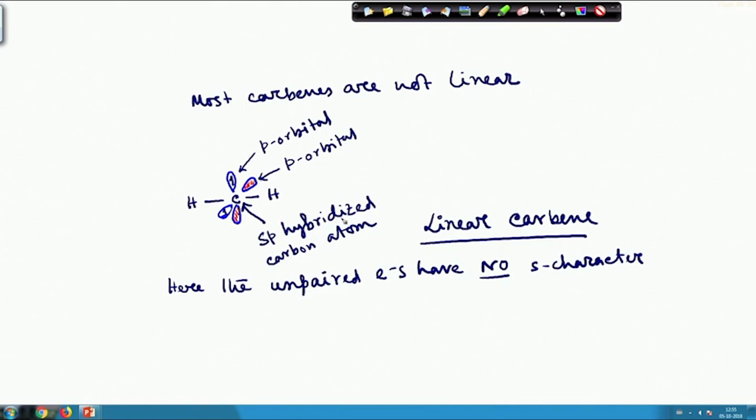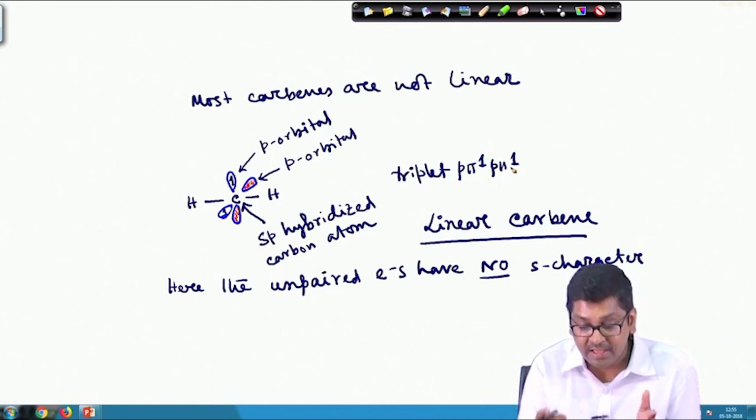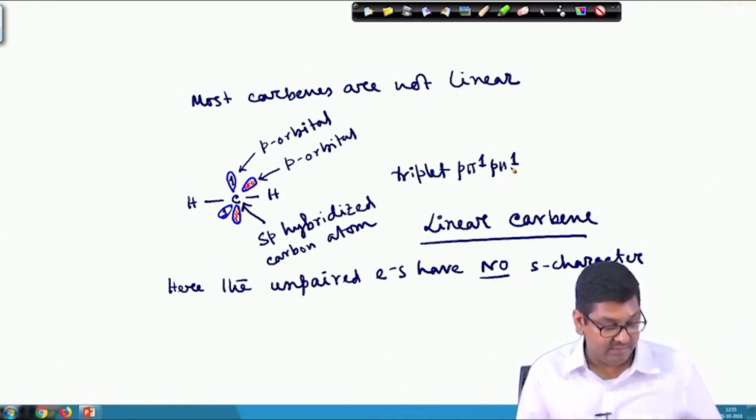This is also triplet and you can write it like this, p pi 1 p pi 1. So, the electronic configurations of these carbenes are like this. If it is a bent carbene, it can be singlet as well as triplet, and in case of linear carbene, they have this type of triplet.